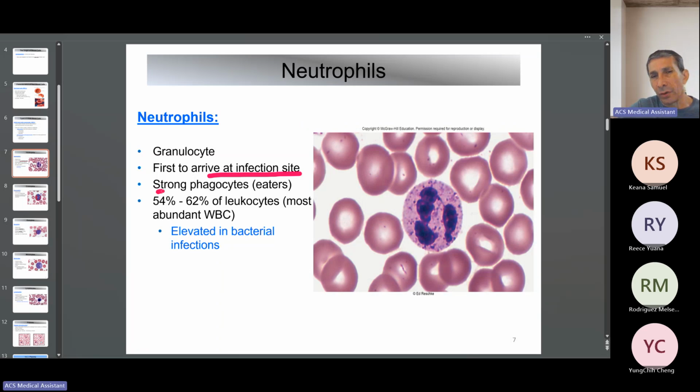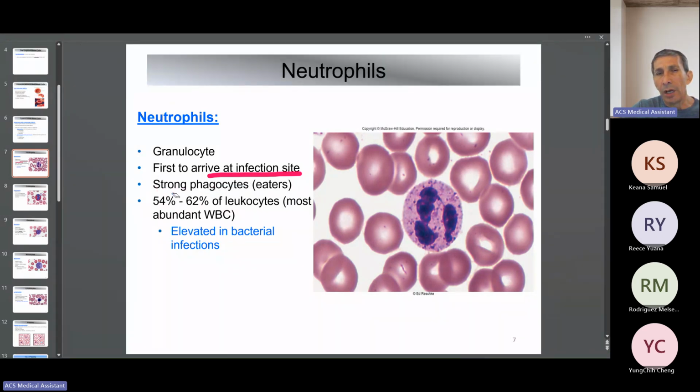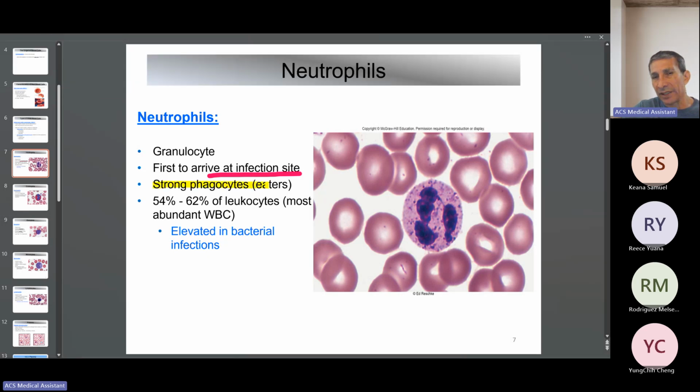It says right here, strong phagocytes. Remember that we talked about phagocytes when we were talking about medical terms: phago means to swallow, cytes, cells. Cells that swallow something. So they are actually eaters. Remember yesterday I mentioned that there are some cells that eat whatever they kill.